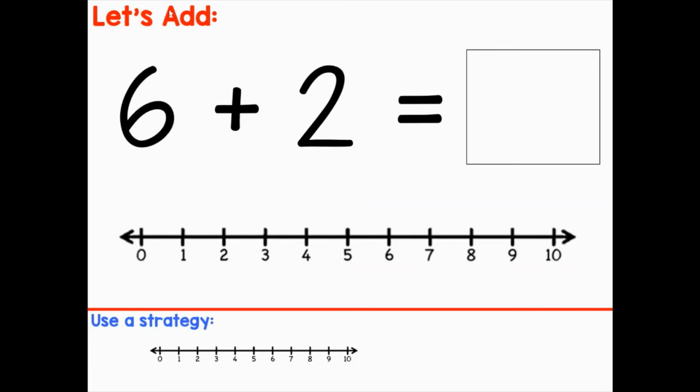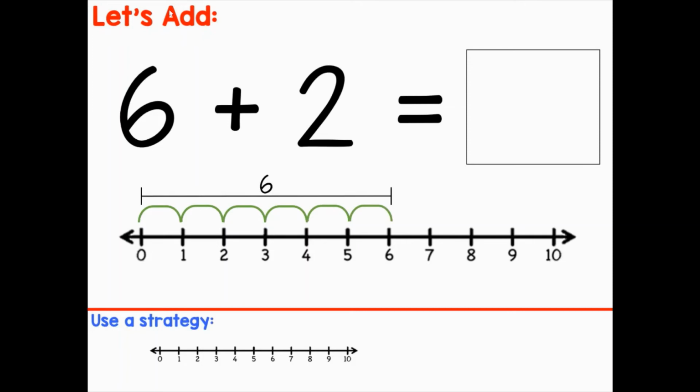How about, oh my gosh, this is a bigger one, 6 plus 2. My first number is 6, so that means I need to make how many jumps on the number line? Yes, 6 jumps. Let's do it together. 1, 2, 3, 4, 5, 6. 6 jumps.